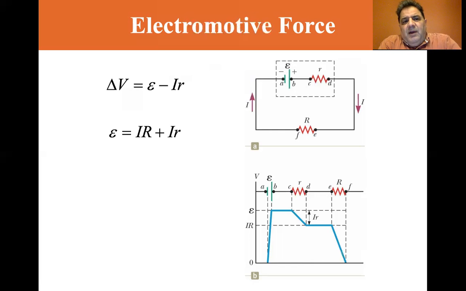So the total E is I times R, which is the current through the big resistor, the circuit resistor, plus the current times the small resistor. And so the current is equal to the EMF divided by the total resistance.